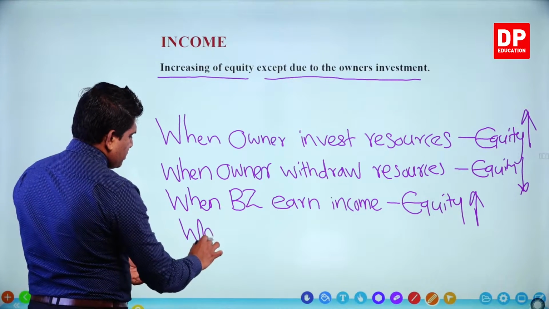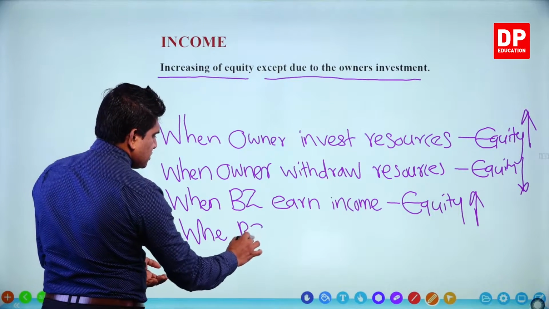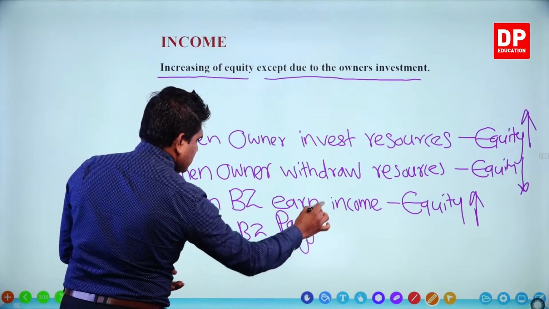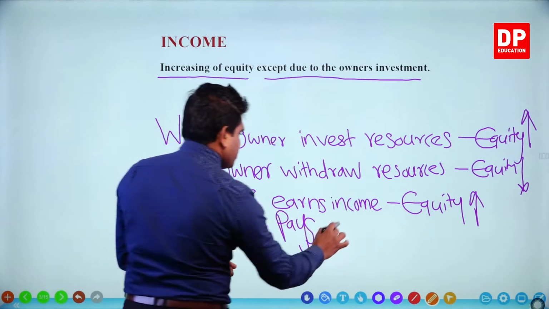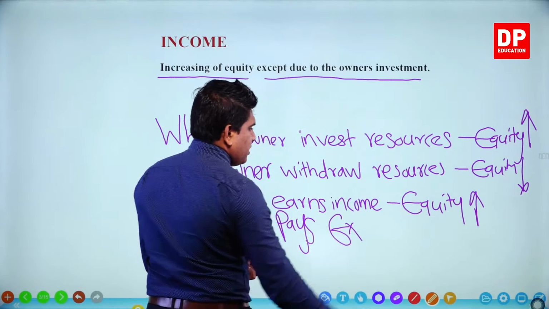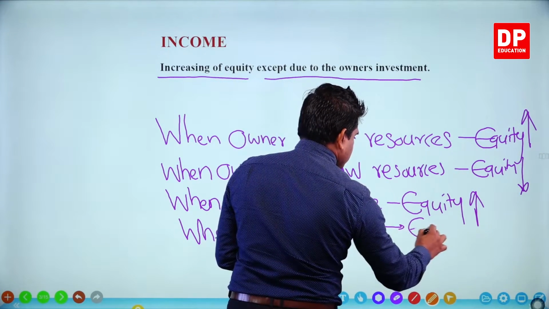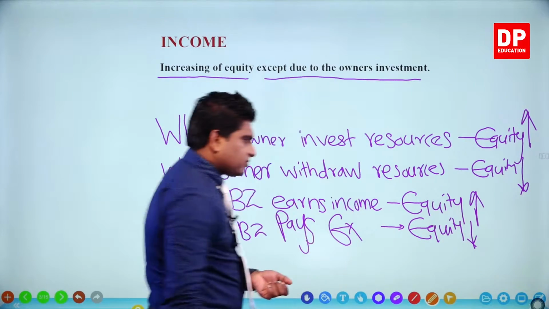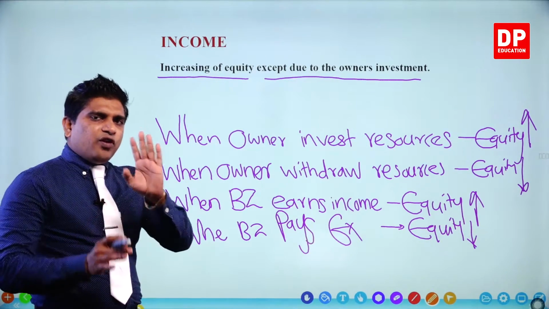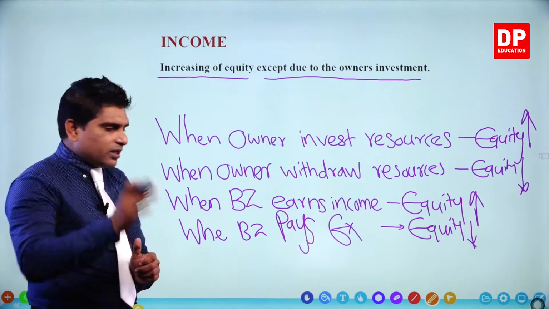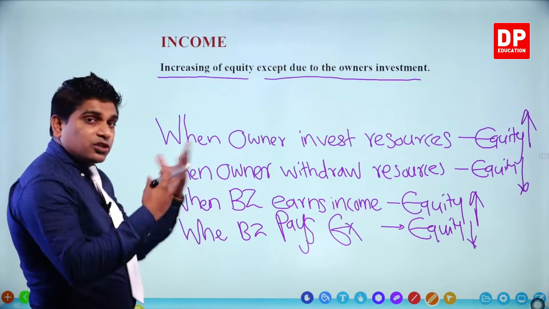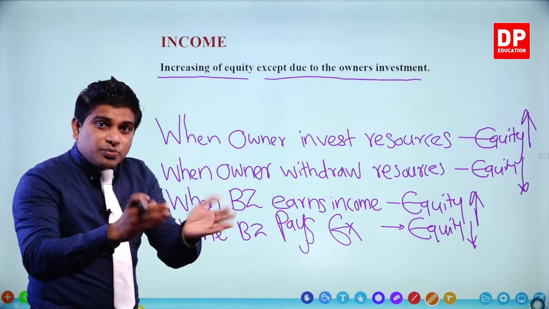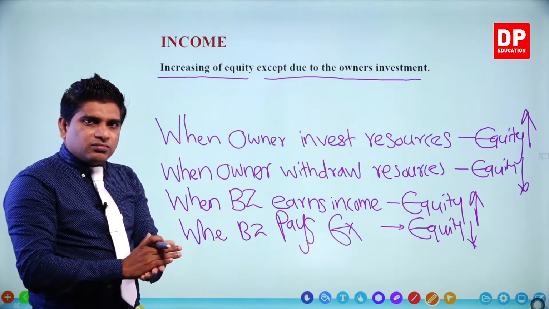When the business pays expenses, equity decreases. There are 4 main factors which affect equity. When the owner invests money or any other resources to the business, equity goes up.